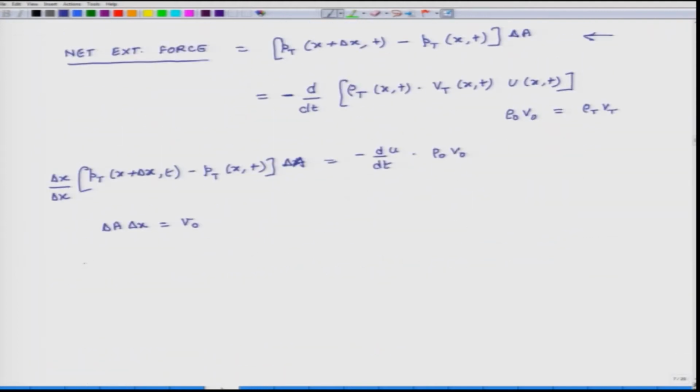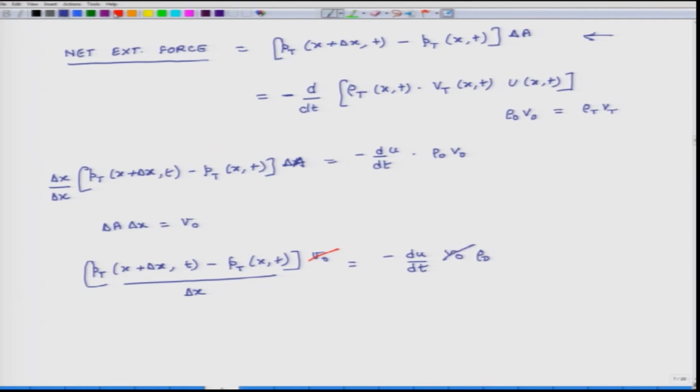So, I can rewrite this as P_t(x + Δx, t) − P_t(x, t) over V naught divided by Δx is equal to minus du/dt times V naught, and there has to be a rho naught also, I am sorry.